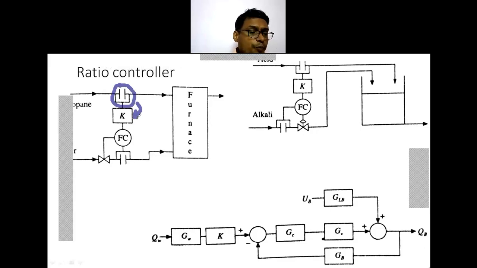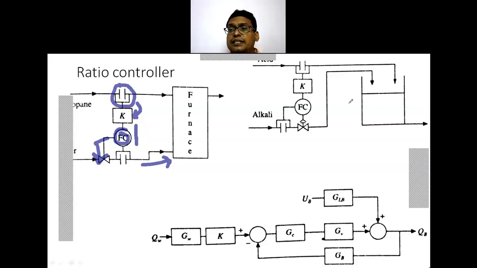In this case of propane to oxygen, you require 23.81 moles of oxygen, sorry. Based on that, I am going to adjust the flow rate of the air entering, so I am going to manipulate the flow rate of the air entering into the furnace.